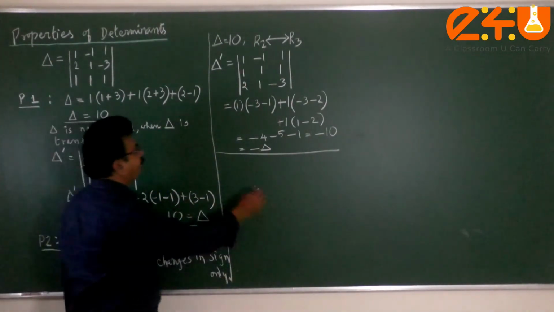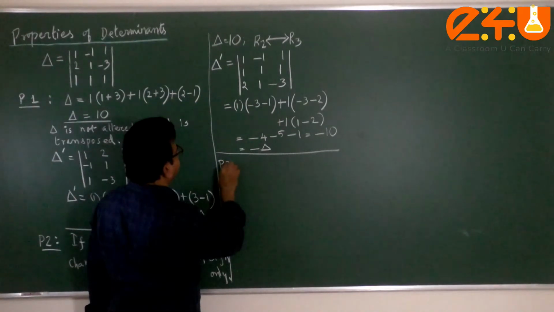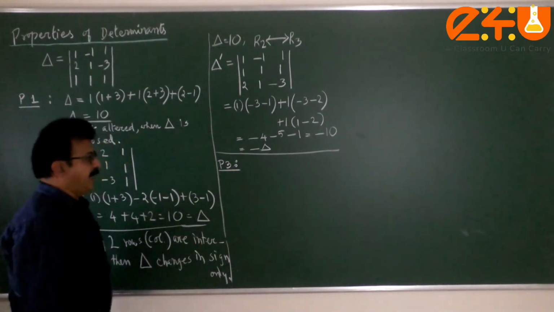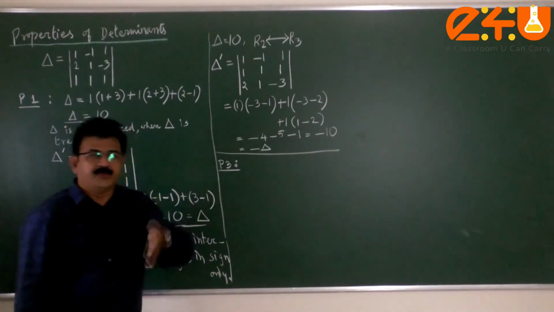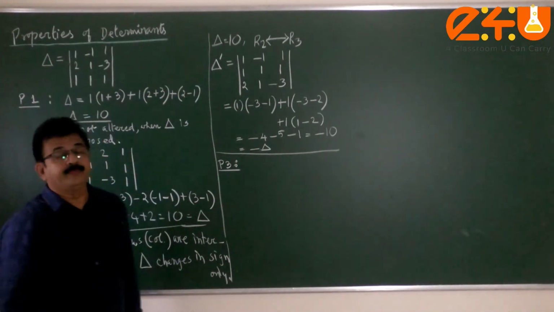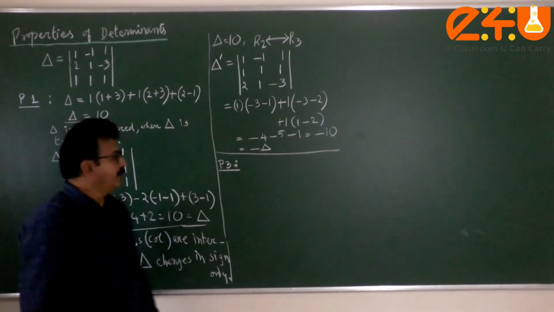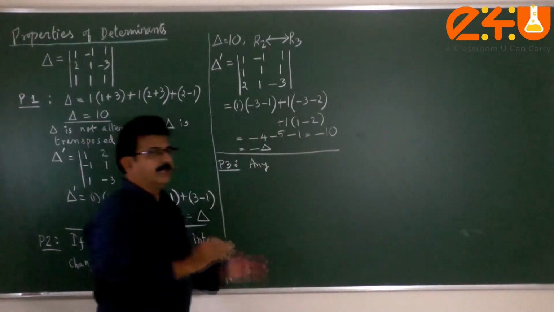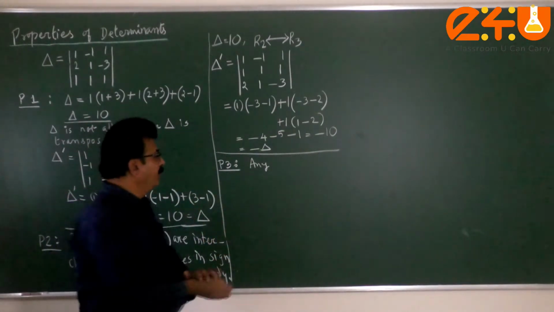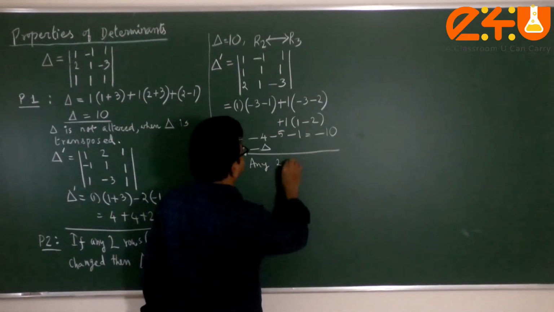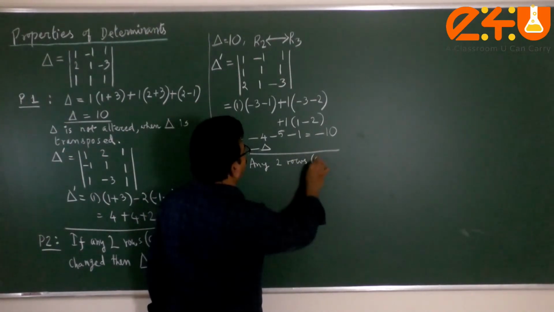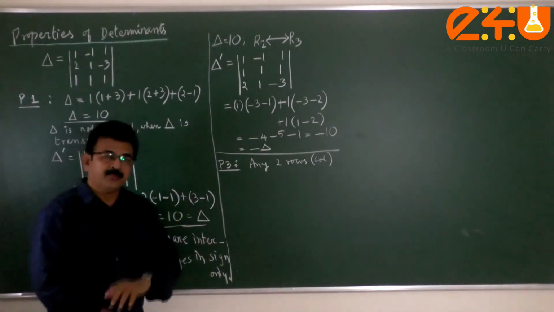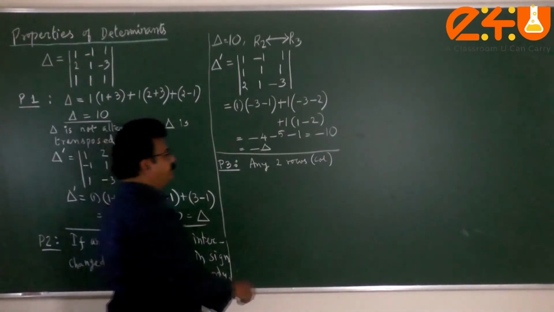This is P2, now P3. When we come to P3, we find a very striking feature of determinants. Any two rows, all elements of a row, or any two columns are identical.